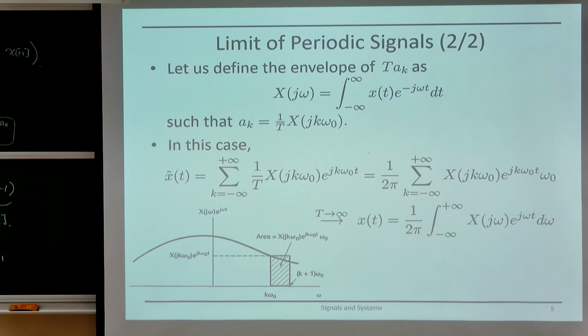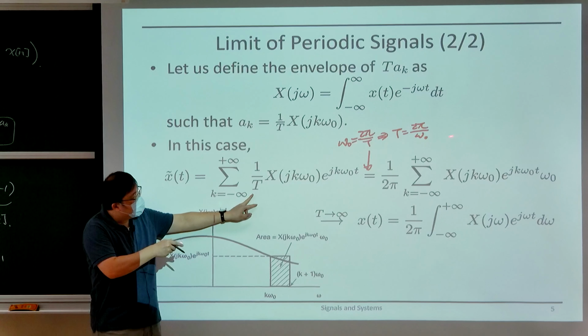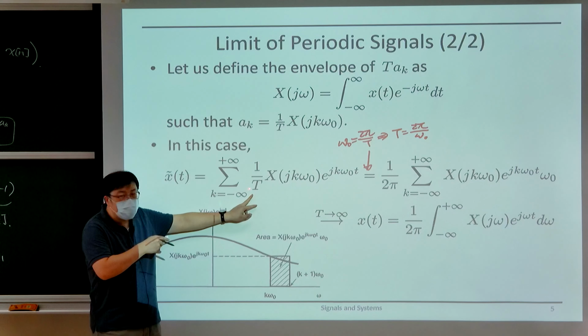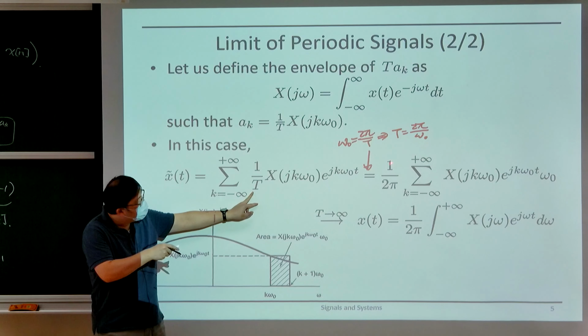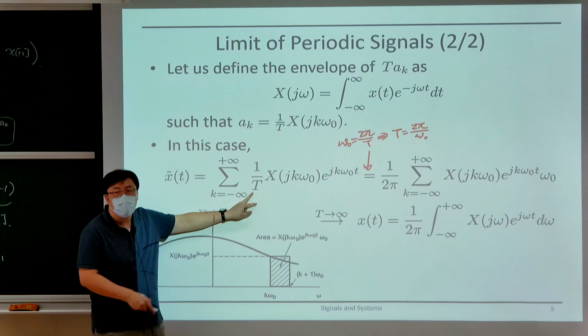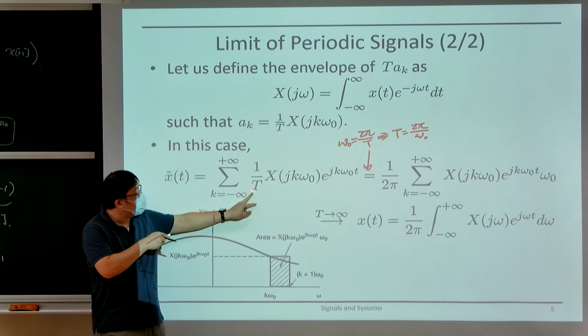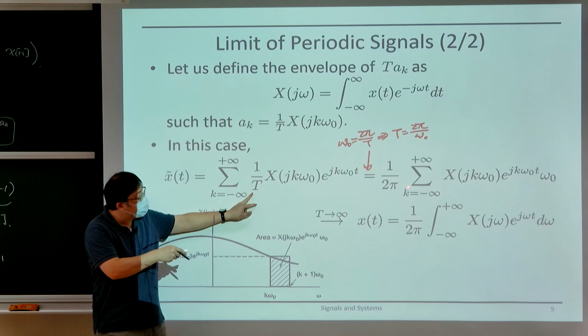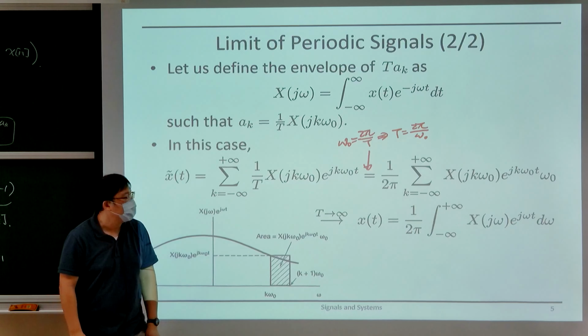Now, by the fact that omega naught is equal to 2 pi over T, or equivalently, T is 2 pi over omega naught, if you plug this in, what you get is 1 over 2 pi times omega naught, and everything else is the same.